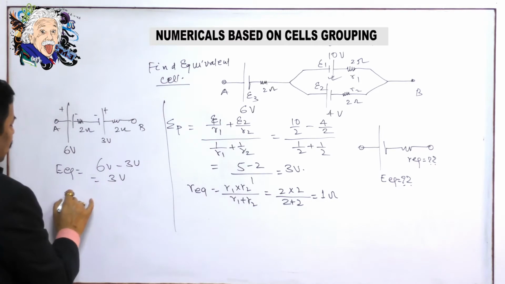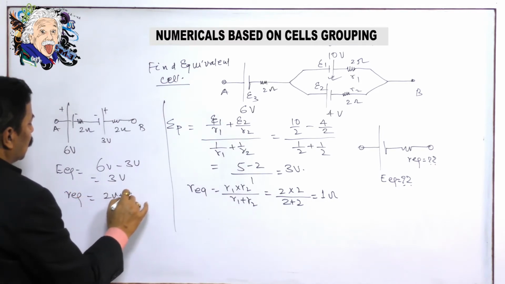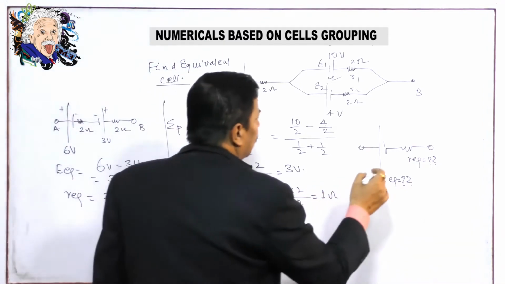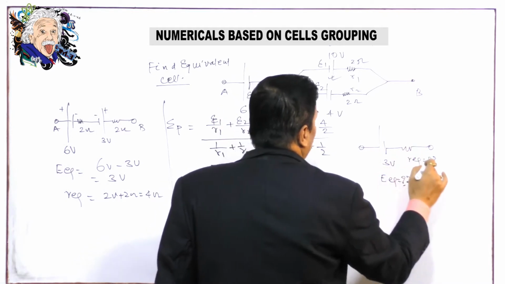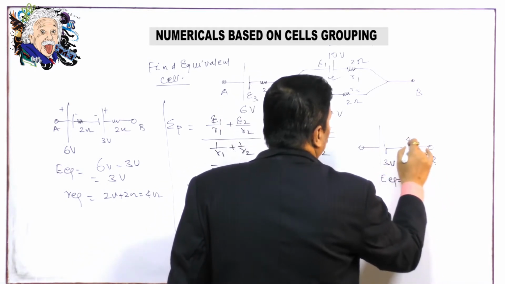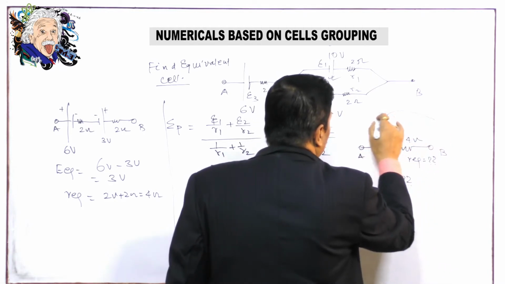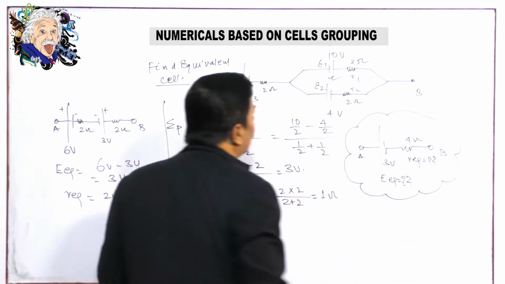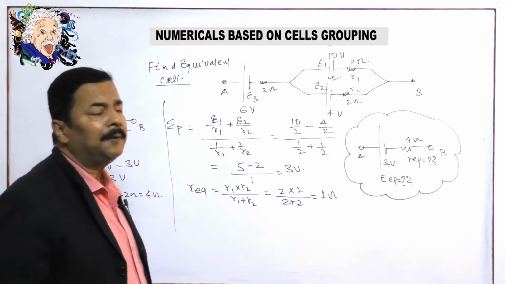And R equivalent will be 2 ohm plus 2 ohm, that is your 4 ohm. So the result is 3 volt and 4 ohm. This is the equivalent of the combination of cells, and this combination of cells can be replaced by this one.